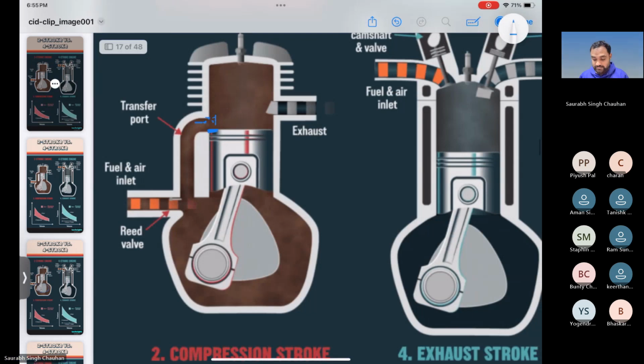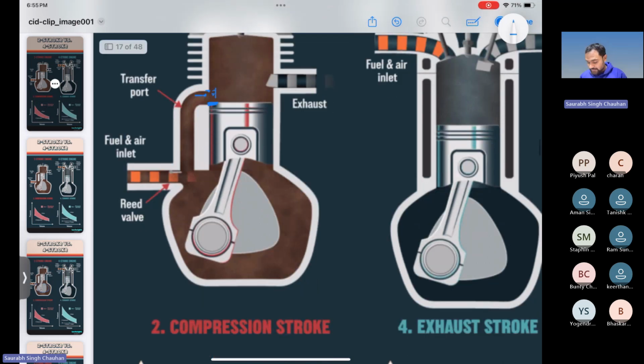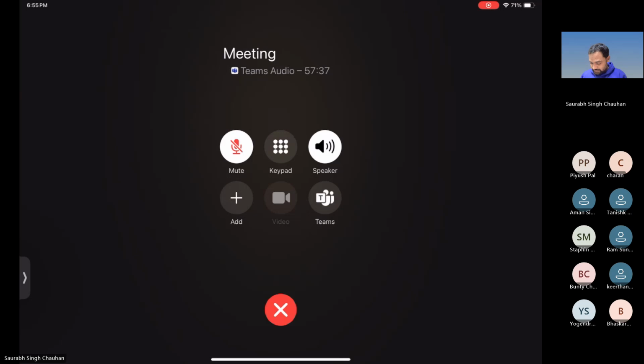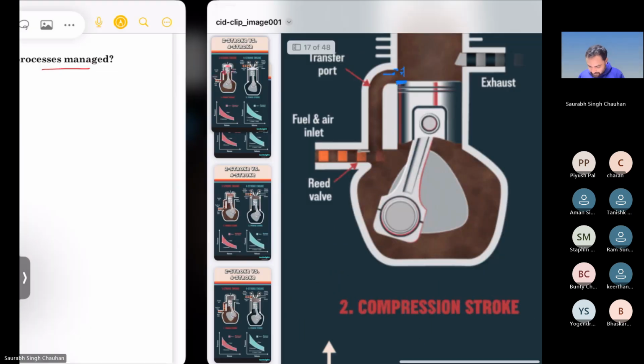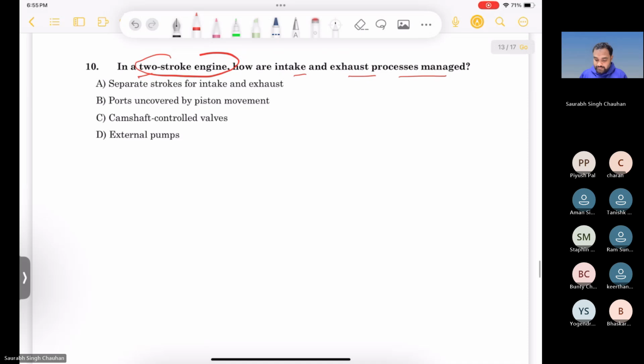Correct. Yes sir. So in 2-stroke engines, only ports are there. Valves are not there. So camshaft controlled valves are there in a 4-stroke engine; in a 2-stroke engine valves are not there.